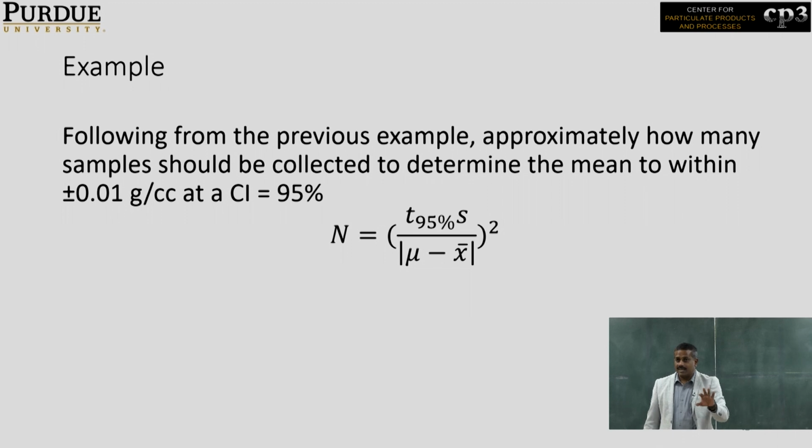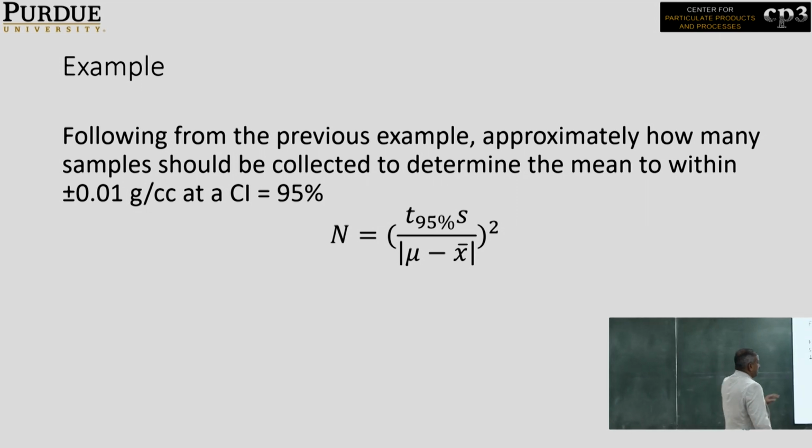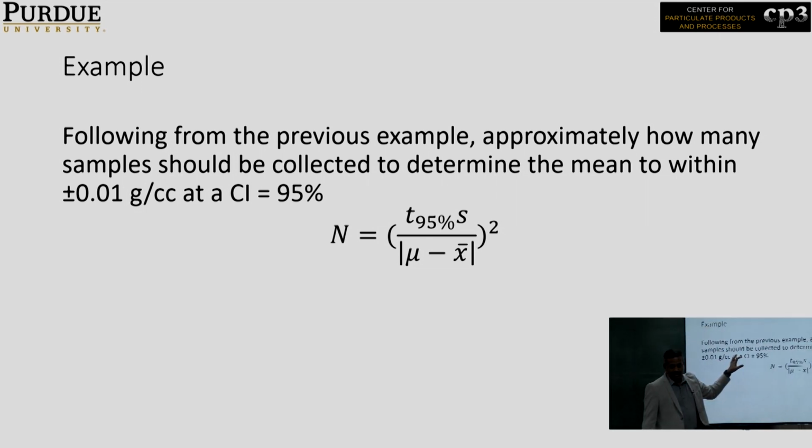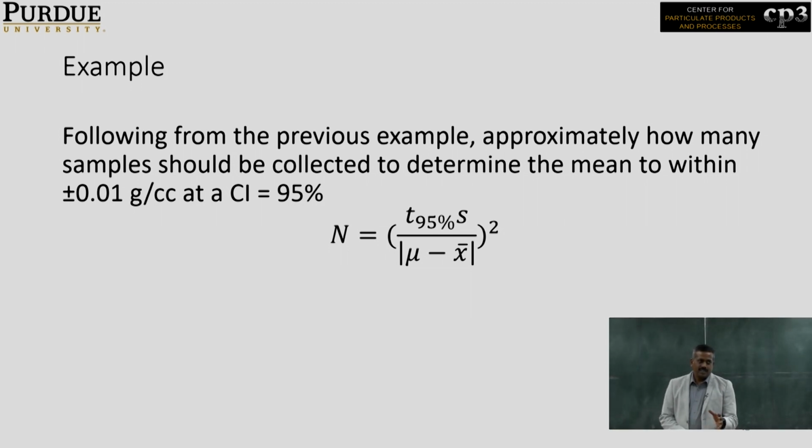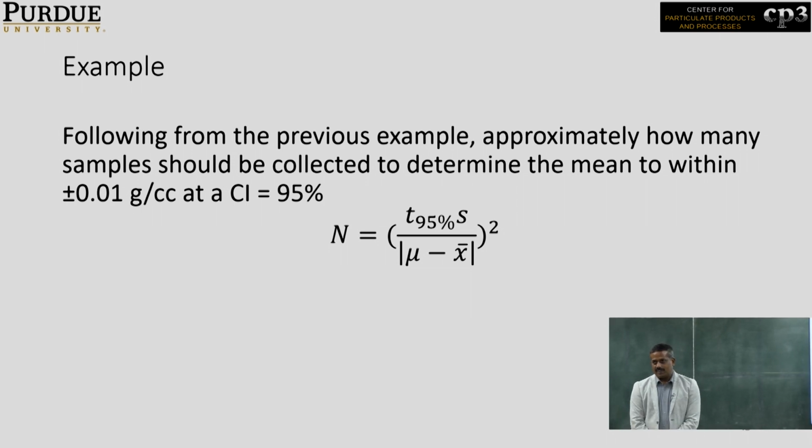So now you are not collecting 8 samples, but you are just using the standard deviation, or the confidence, that you wanted to get to this close, or very approximate characterization. But we need to get the total number of samples that are needed to get this very exact value, or very accurate value of density, okay.